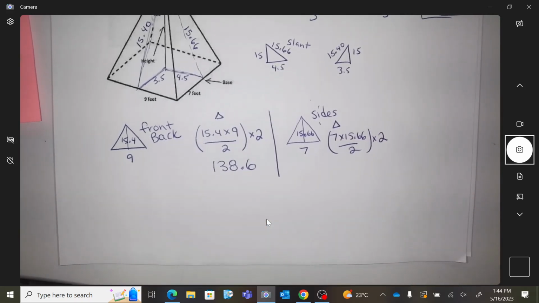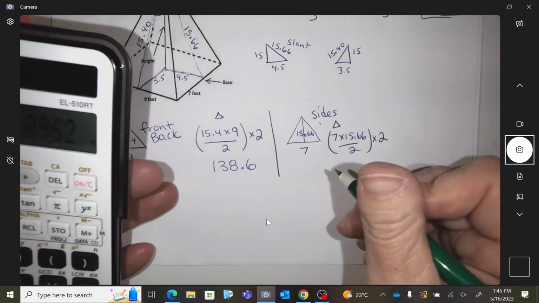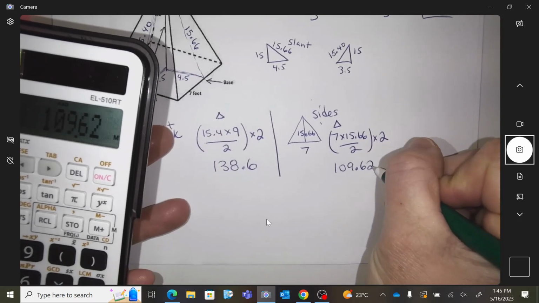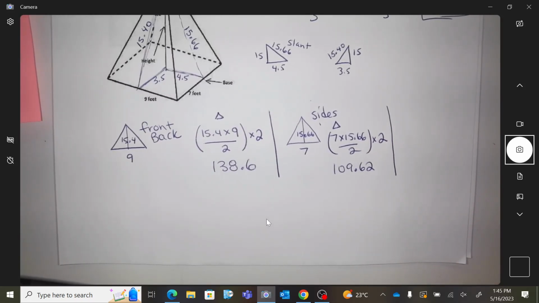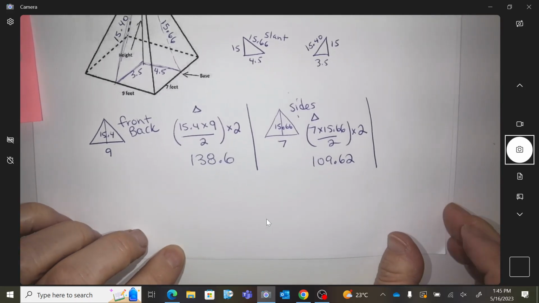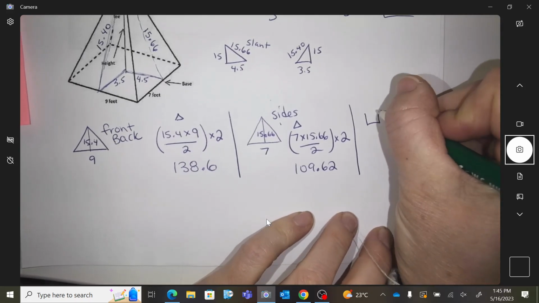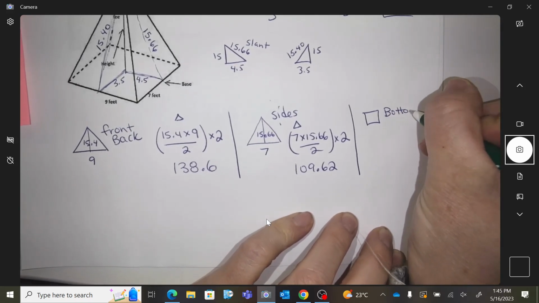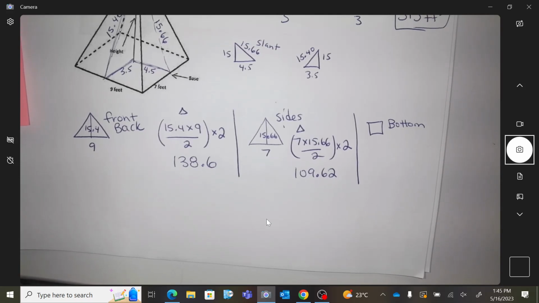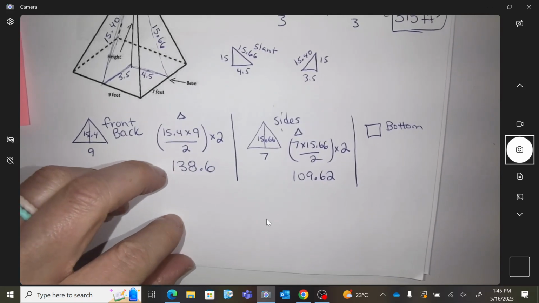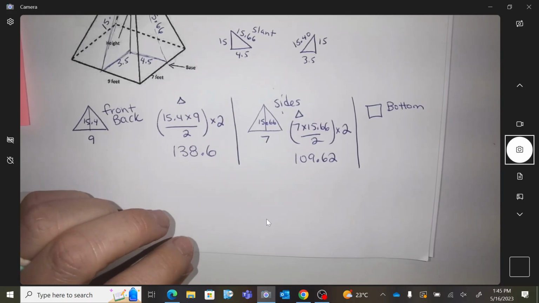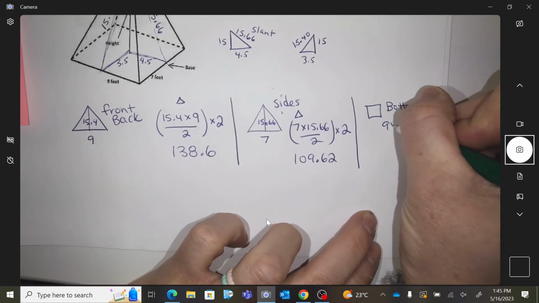And I would double it because there's a side, a right side, and a left side. Okay, now I also have the bottom as well, and that's a rectangle, so it's a 9 by 7.